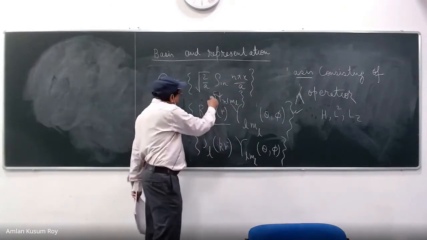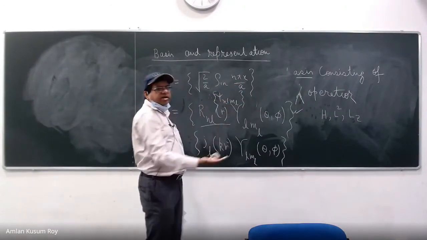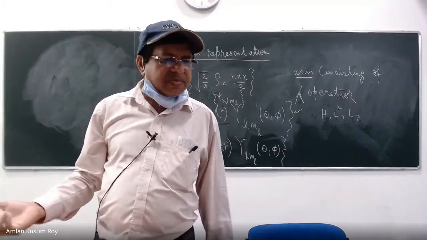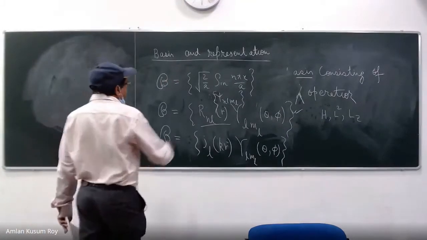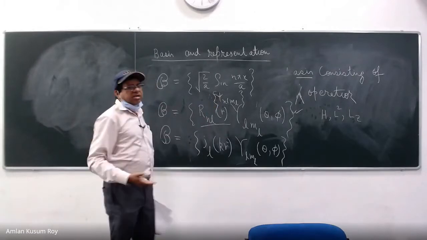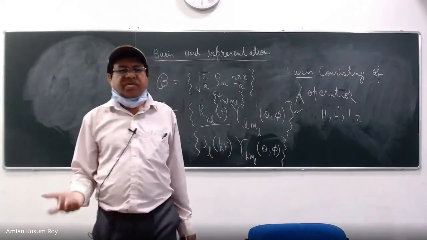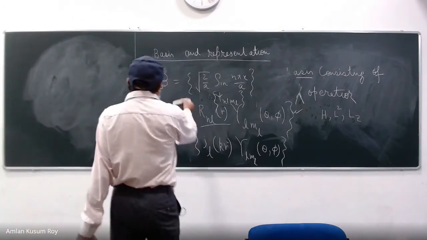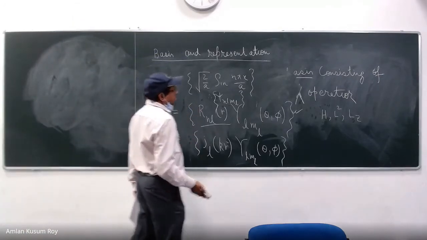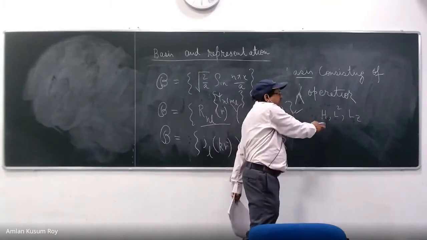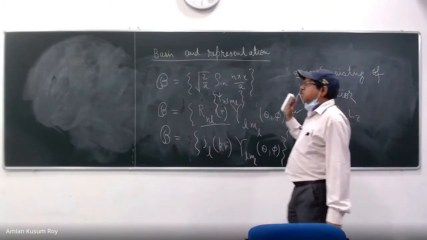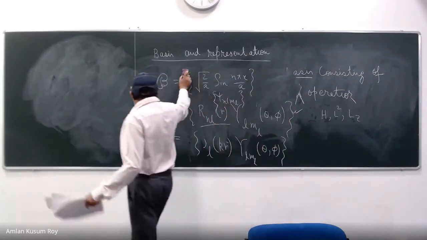If you operate L square on that, what will you get? We have already proved that you will get l(l+1) h-cross square. And what will you get from Lz? If you operate on this, you will get nothing but m_l h-cross. So Sancha is very right. So if I take this as a basis, since every time there is a commutator, all the operators are going to give you a diagonal matrix.